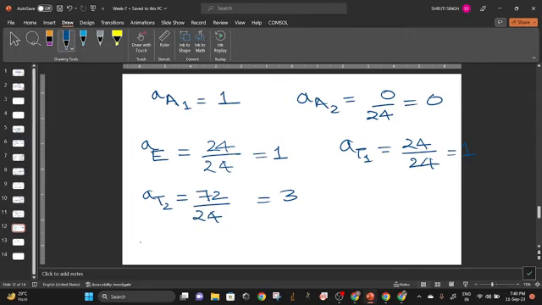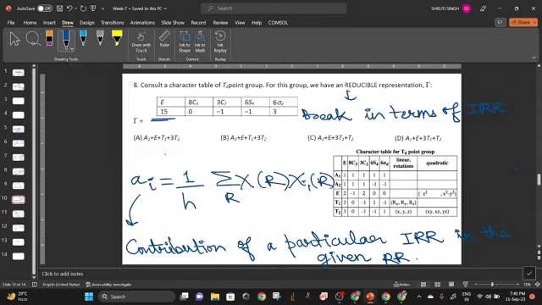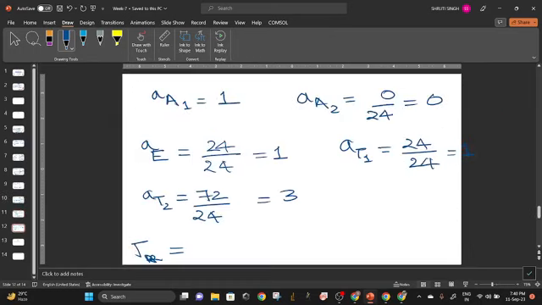So this reducible representation, 15, 0, minus 1, minus 1, 3, can be written as 1 times A1, 0 times A2, so A2 does not contribute, then 1 times E, 1 times T1 and 3 times T2.